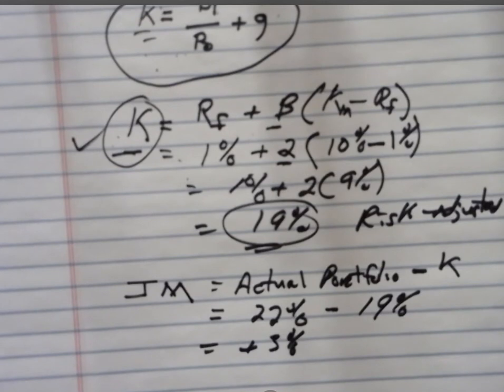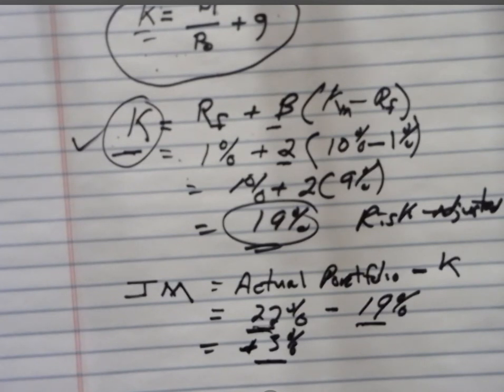So in this particular instance, the actual portfolio or actual stock return was 22%. The risk-adjusted return for the market was 19%. So we had a positive 3% for the Jensen measure. And since it's positive, this portfolio did indeed outperform the market.